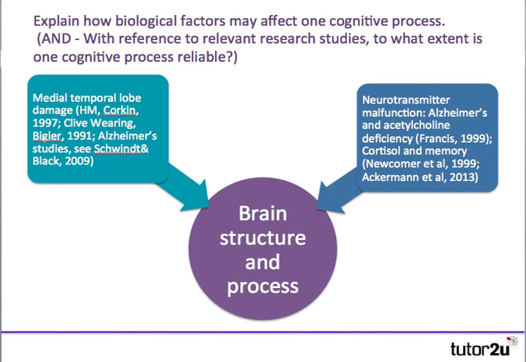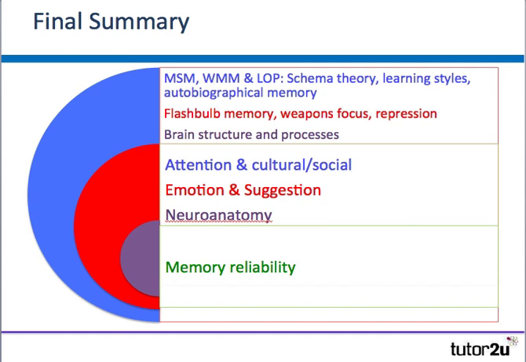You can use cortisol for short answer questions on how a hormone affects human behavior. So it's well worthwhile learning perhaps Ackerman, which we have on the Tutor2u Key Studies outline, or even Newcomer et al. So here is the overview, starting from memory reliability, moving through the 3 main structures onto empirical evidence for them.